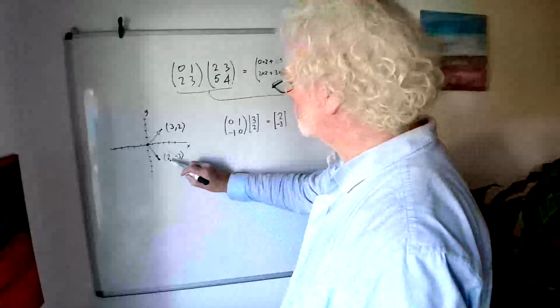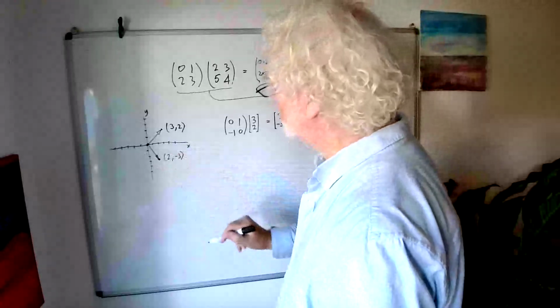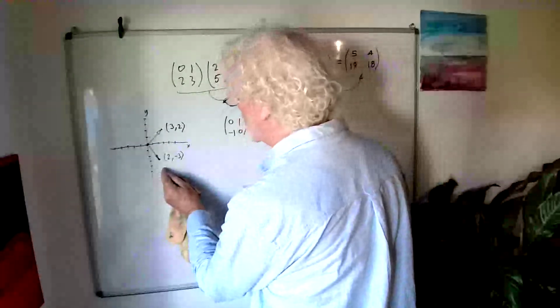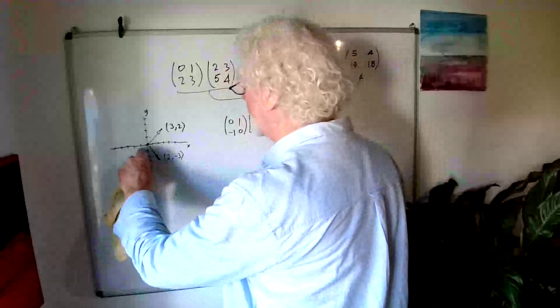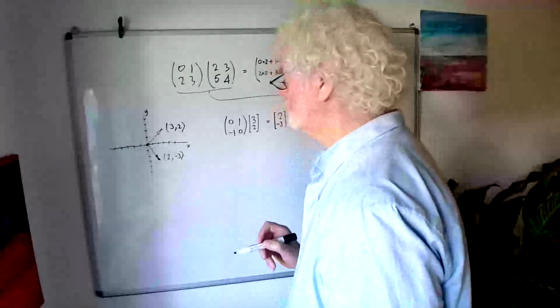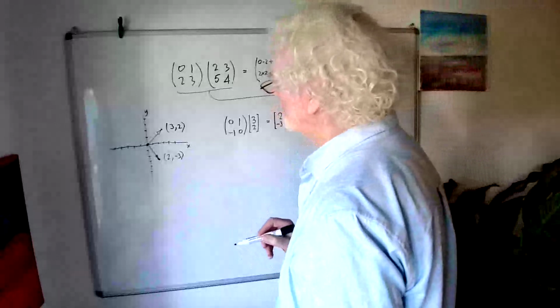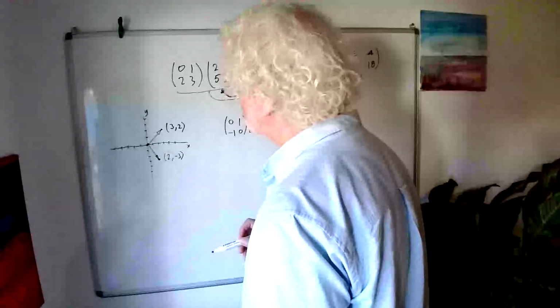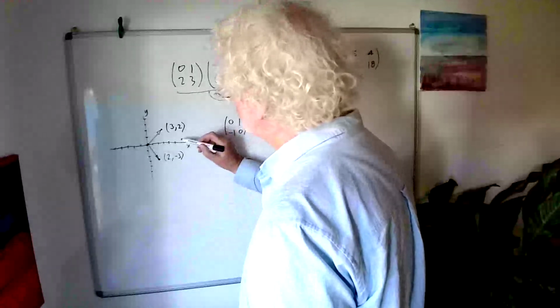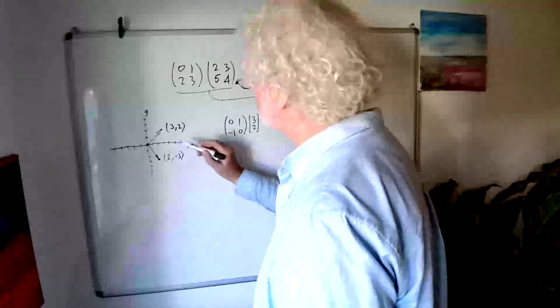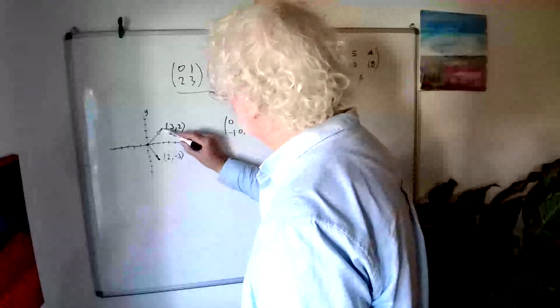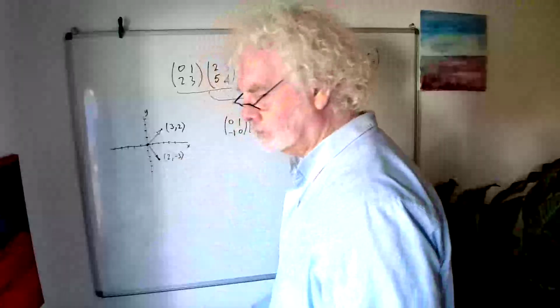Remember that the first one is always the x along, the amount along, and the second one is always the amount up or down. So this matrix has moved or mapped this point to this one.